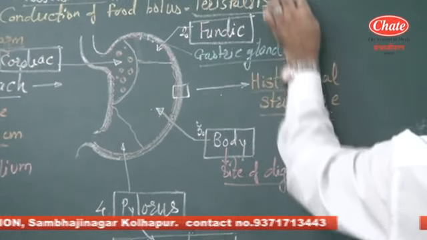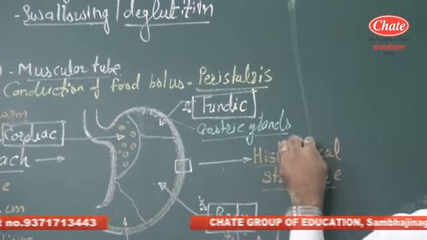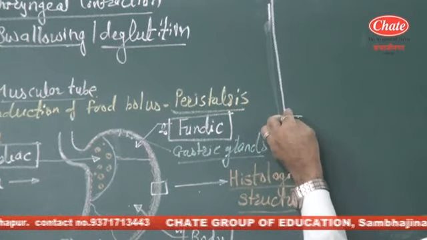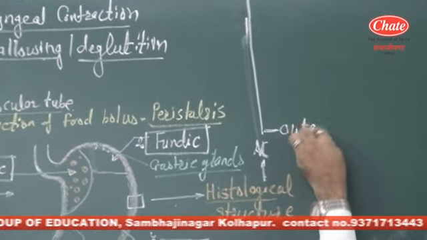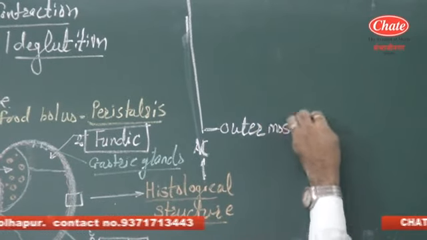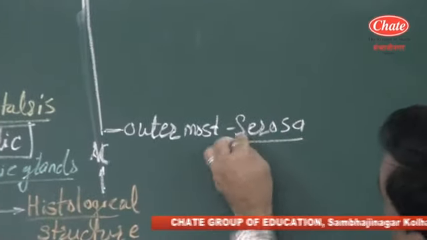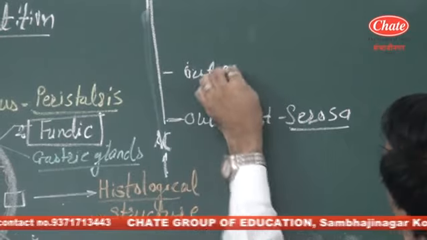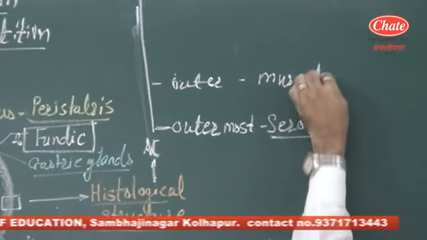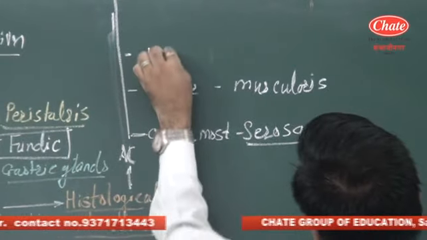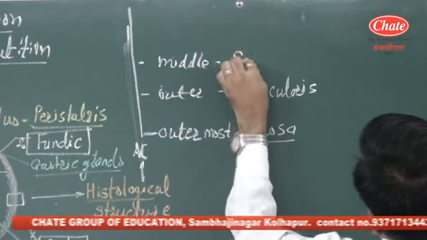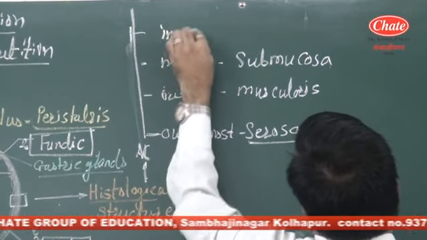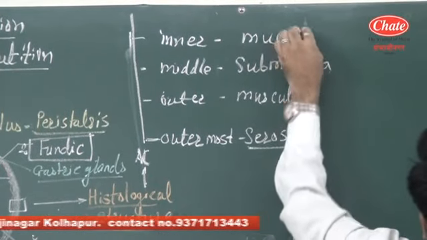When we focus on the histological structure of the alimentary canal, it consists of the outermost serosa layer, then the outer muscularis, the middle submucosa, and the inner mucosa.